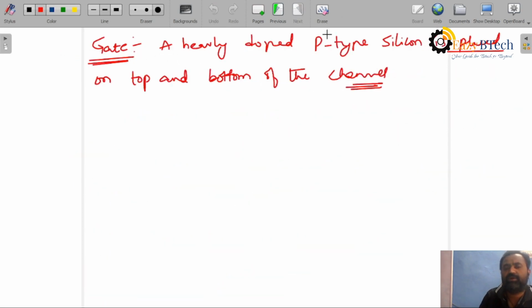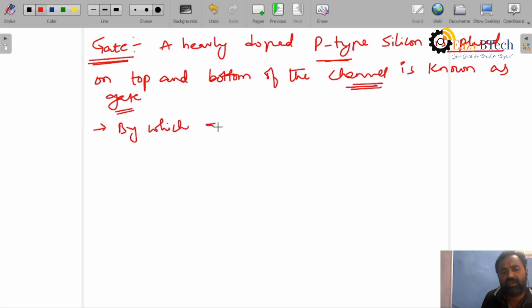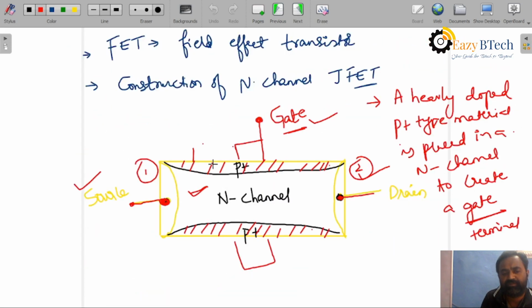A heavily doped p-type silicon placed on the top and bottom of the channel is known as the gate terminal, by which a PN junction diode is formed. Now you can see here, it is P material and N type, so a junction is formed. Is it clear?